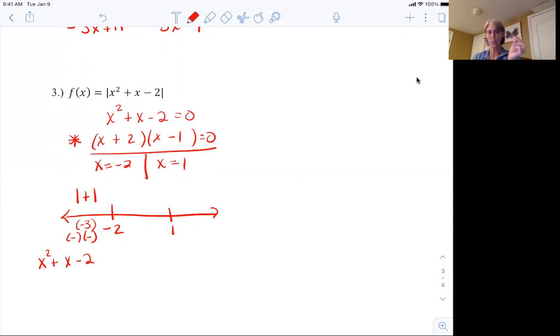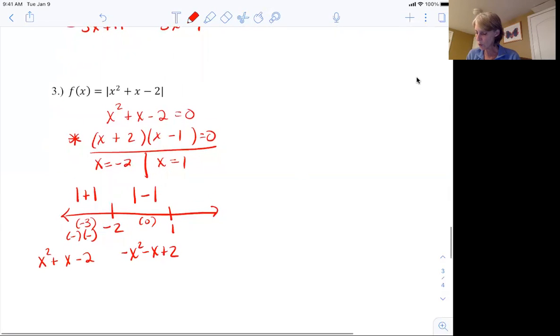Now I'm going to go in between. I'll take 0. A positive and a negative, I have a negative here. So in this interval, in this section, I have to negate what's inside. If I'm rewriting it without absolute value signs, I'm going to negate what's inside.